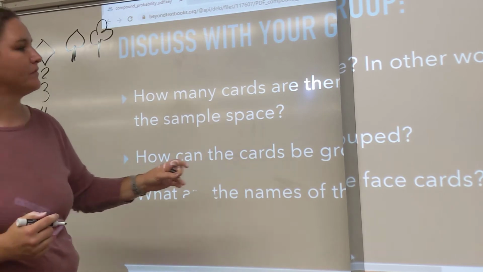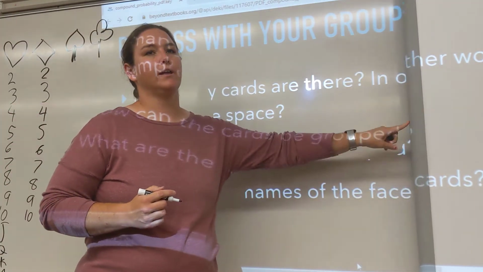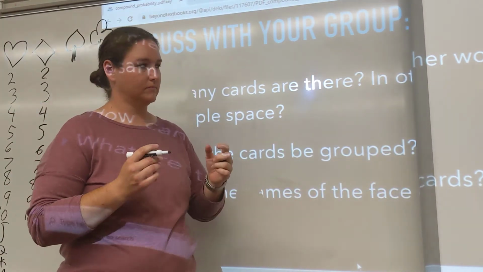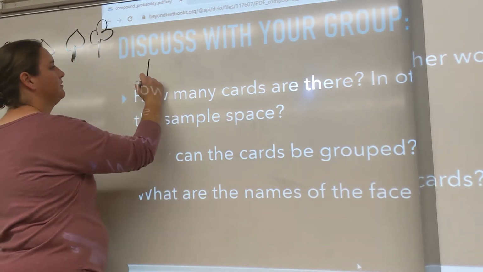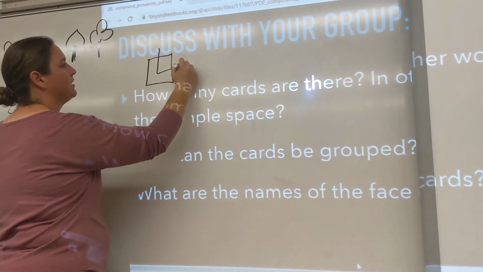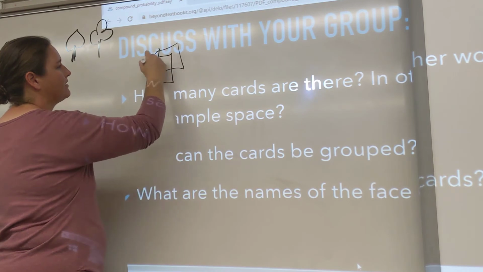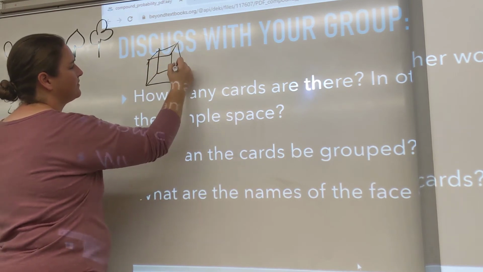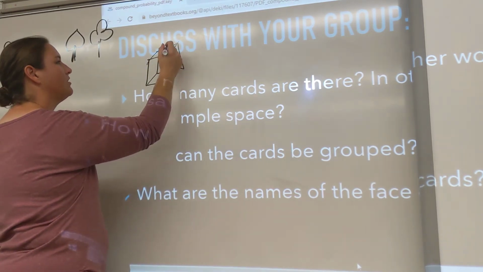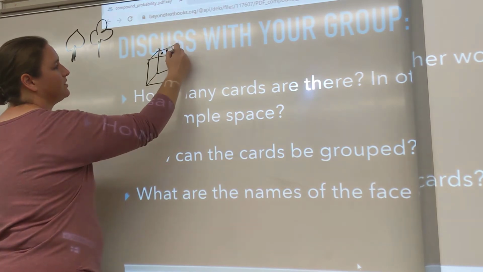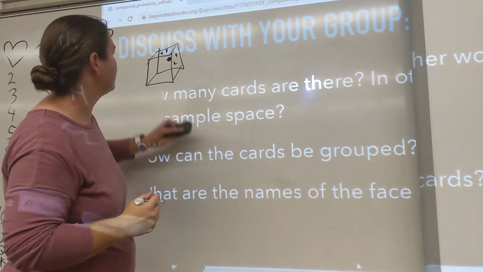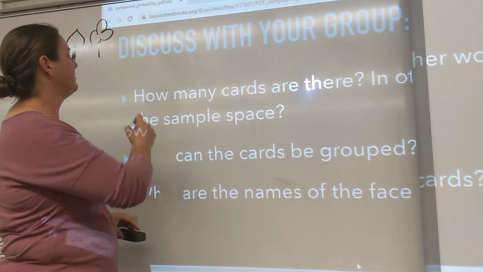All right. If you're doing a die, like a dice, one of those things that have the little dots on them, 1, 2, 3, and it kind of looks weird in 3D, but I think you know what I mean.